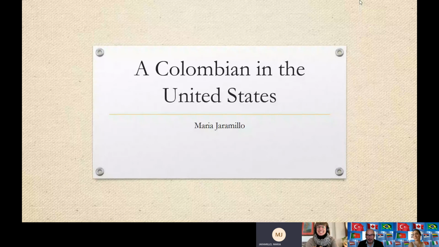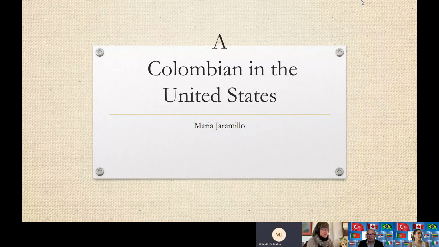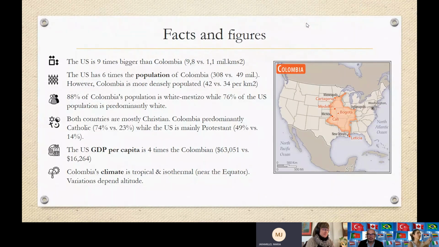Okay, so a Colombian in the United States. So first, I gathered some facts and figures just to situate ourselves. Let me start by. Oh, what's happening here? I have a technical issue. Is it changing? Okay, so some facts and figures so we understand the differences that both countries have.